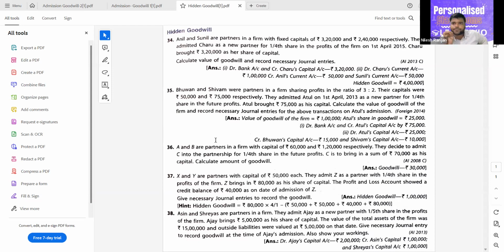So this will be added to their capital balance. So 40,000 will be distributed equally between both partners X and Y, and then the amount will be added to their capital.